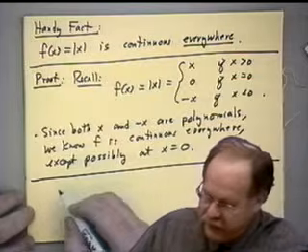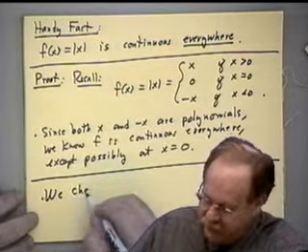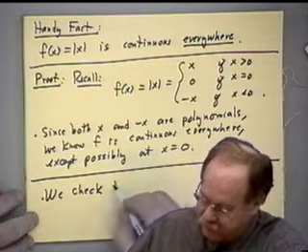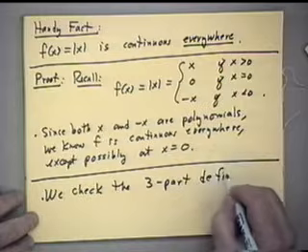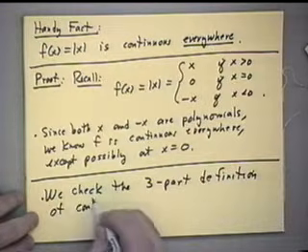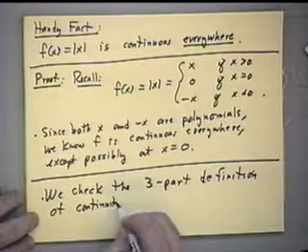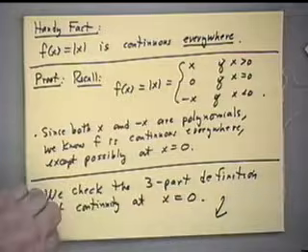And what we will do is we'll set up what we're going to do, and then we'll go ahead and do it. We check the three-part definition of continuity at the point x equals 0. And that's what we're going to do on this second page.